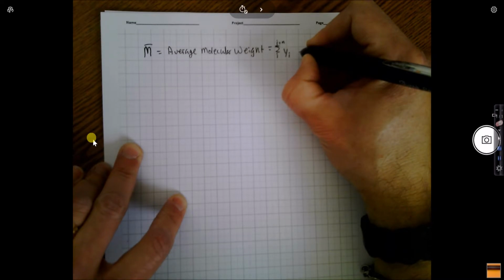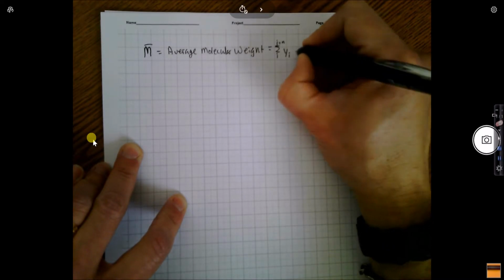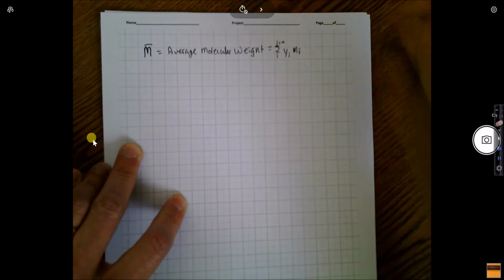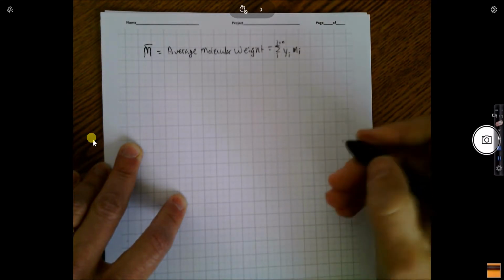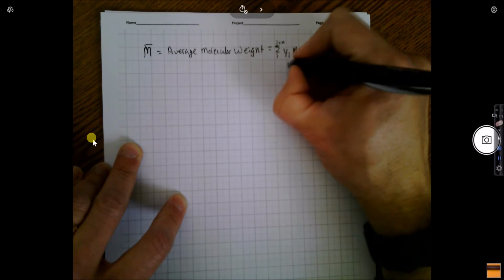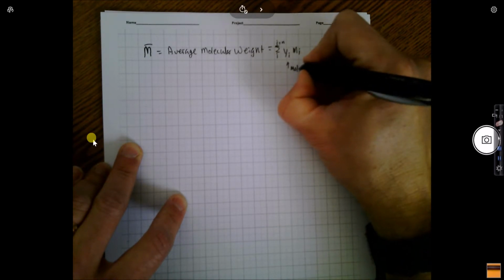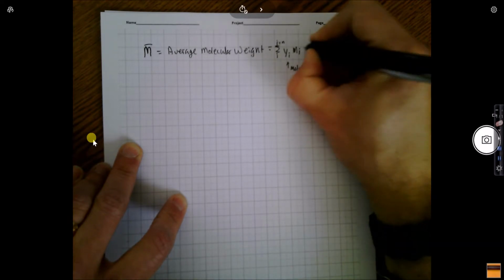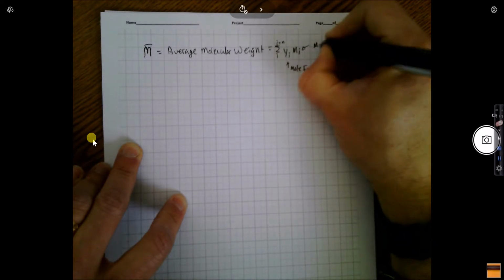Forgive me if I'm doing my summation notation poorly. Times the molecular weight of an individual species. So the mole fraction times the molecular weight.